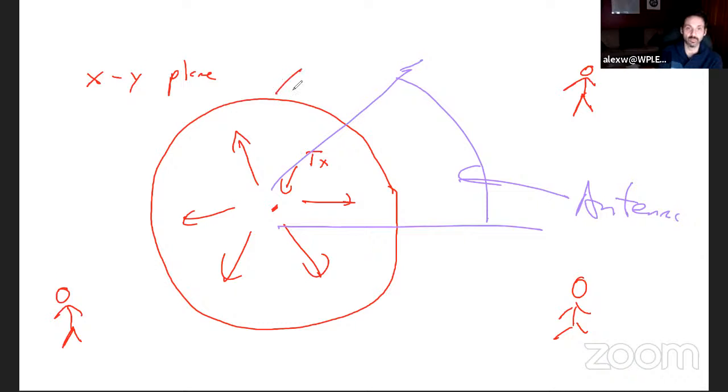I would do something like dBi, right? So then I would use that value, not just dB, I would do dBi to show, in this case, the gain of using this specialized antenna over isotropic, which has unity gain across all 360 degrees in the XY plane.